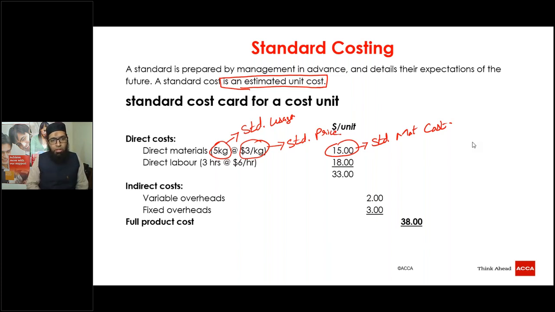Similarly, this is standard hours and this is standard rate per hour, and this $18 is the standard labor cost.